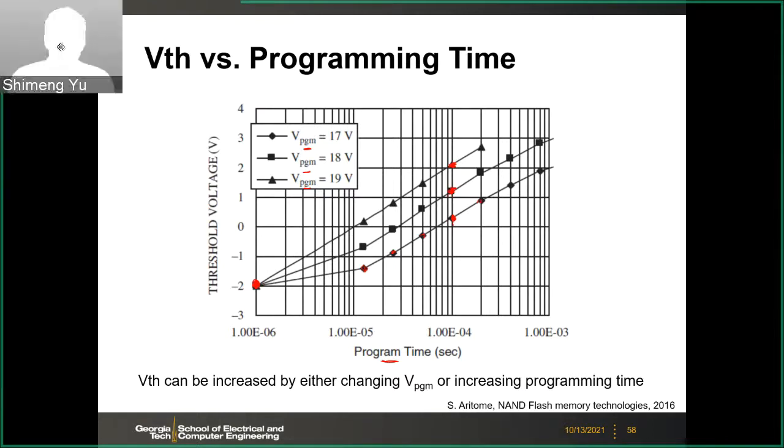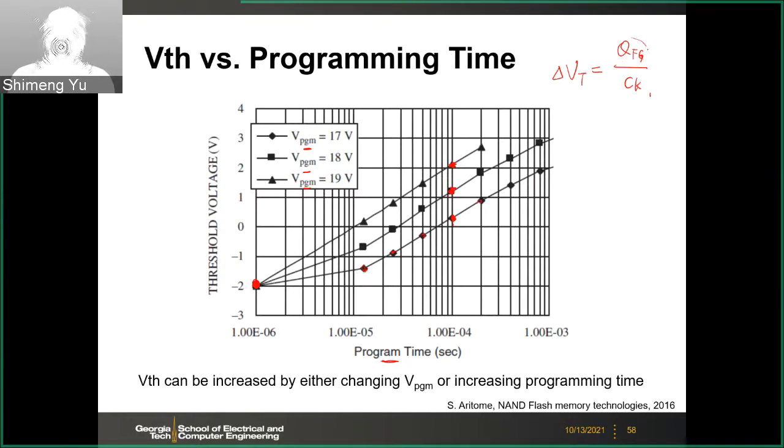If you recall the principle for the floating gate transistor, we inject electrons into the floating gate. So the number of electrons in the floating gate determines the VTH shift. We have this equation, delta VT equals QFG divided by CK, in one of the earlier slides.